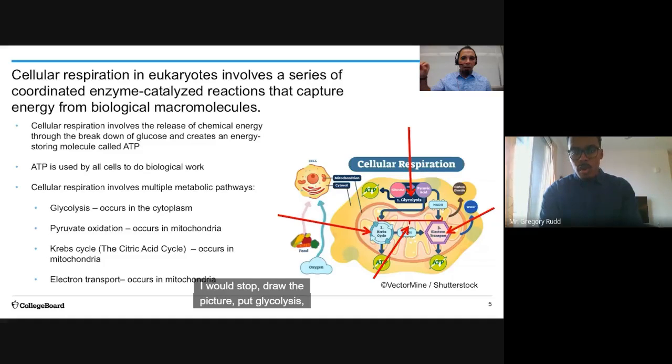Does anybody remember, where do we get the electrons at the beginning of the light-dependent reaction?